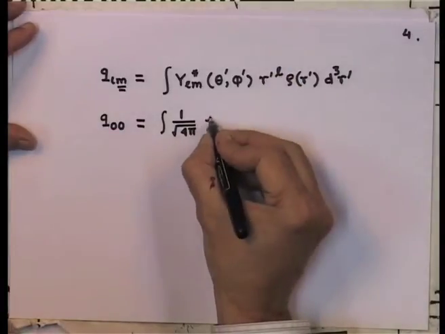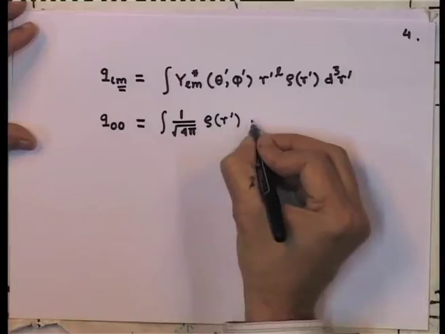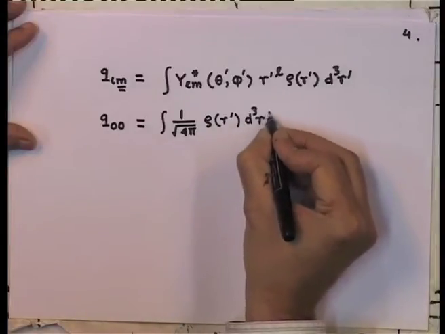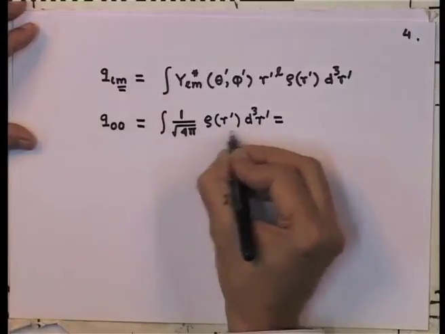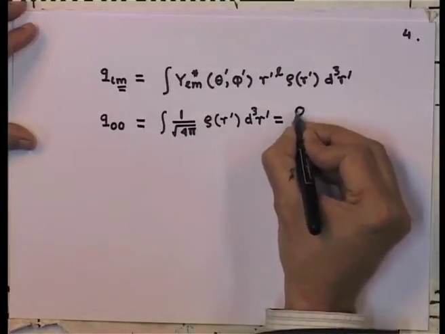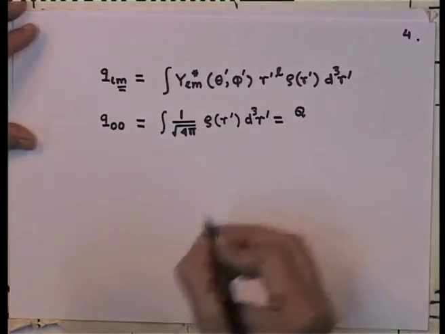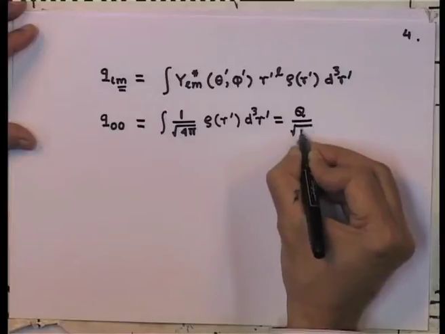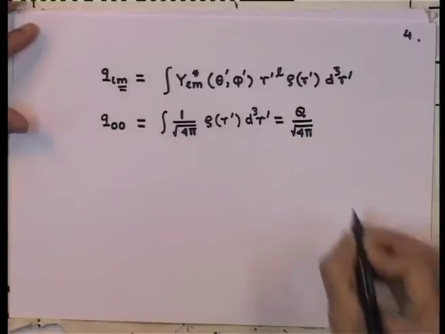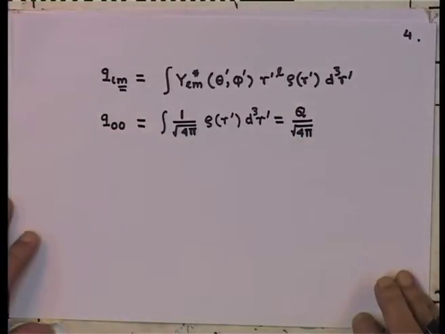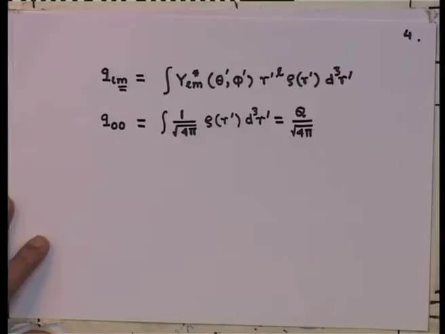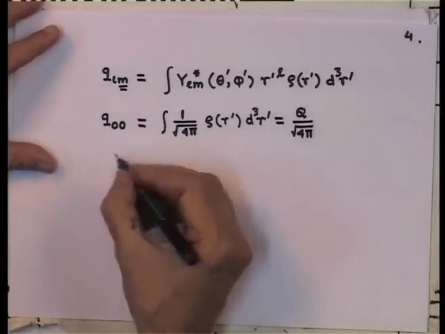So, I am simply left with rho(r prime) d cube r prime, but the rho(r prime) d cube r prime integration is the charge q. So, I got the charge that is contained inside the body divided by square root of 4 pi. In other words, the multipole moment q_00 is related to the total charge content within the body by a constant factor. Let me do one more calculation.